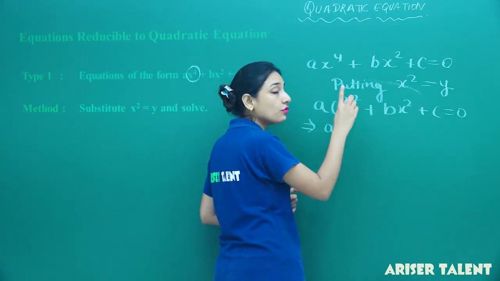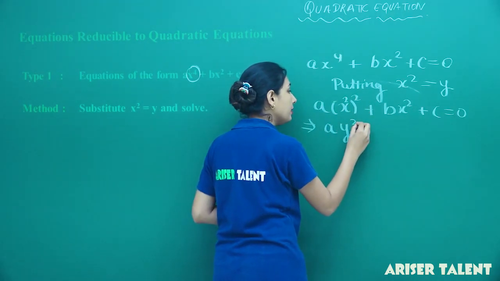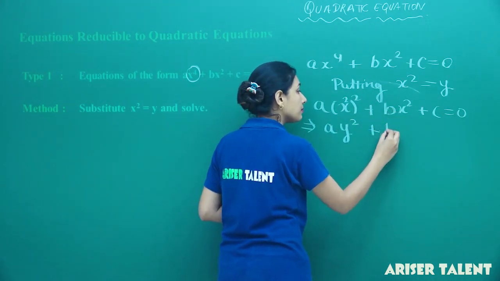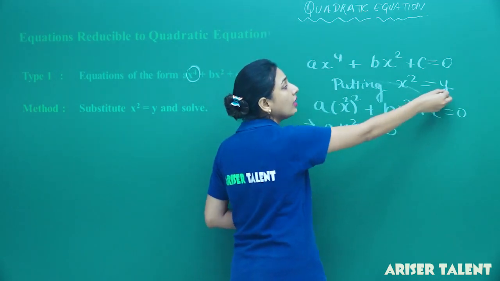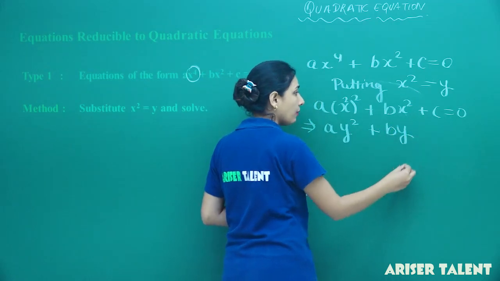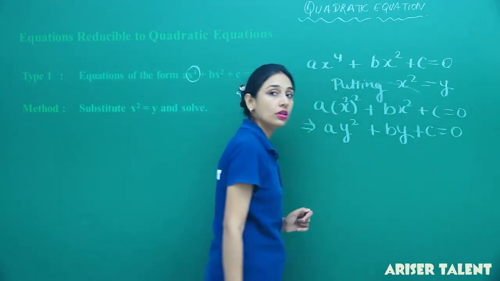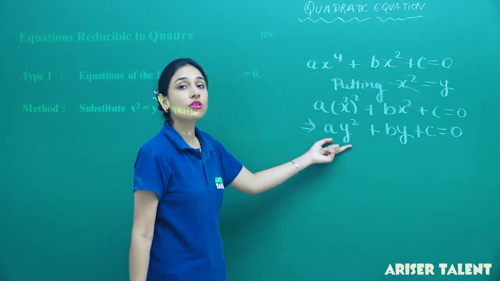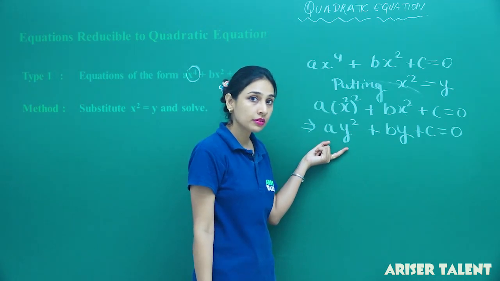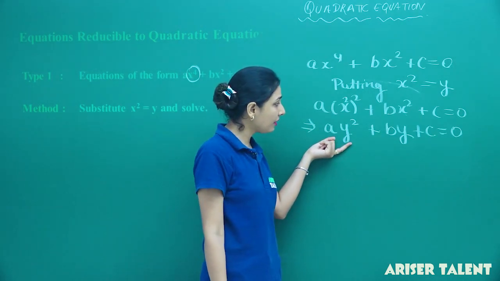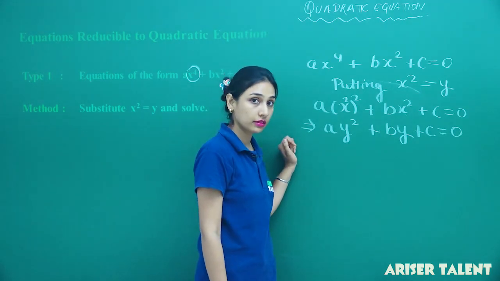Now, x square is what? y. So, a y square plus b, x square is y, so I will write y, plus c equals to 0. Now, this is a quadratic equation. So, I can find the roots of this equation, right. So, when I have the value of y, I will somehow find the value of x.